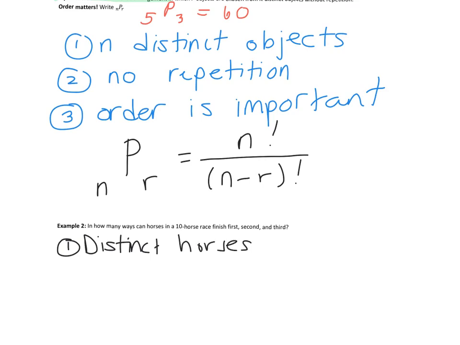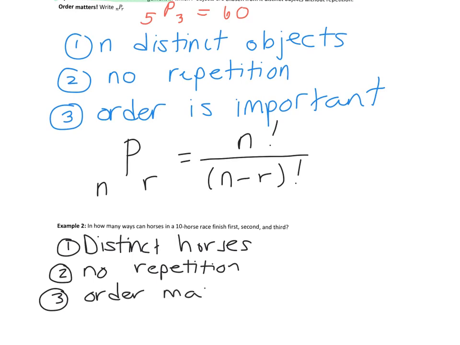Is there repetition? Can a horse be first place and finish third place? No. Is order important? Absolutely. Is there a difference between a gold medal and a bronze medal? Yes. So order matters.